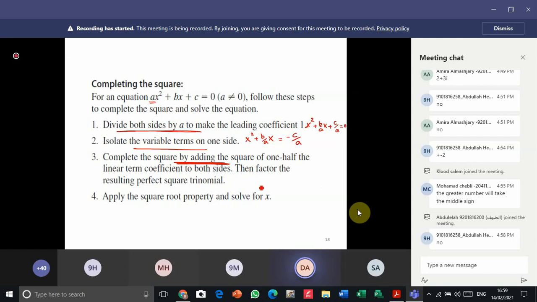So we need b over a divided by 2, and find the square. This number is added on the left and right. Okay, after that apply the square roots. You will have a square like this plus numbers. You can take the radical of both sides.